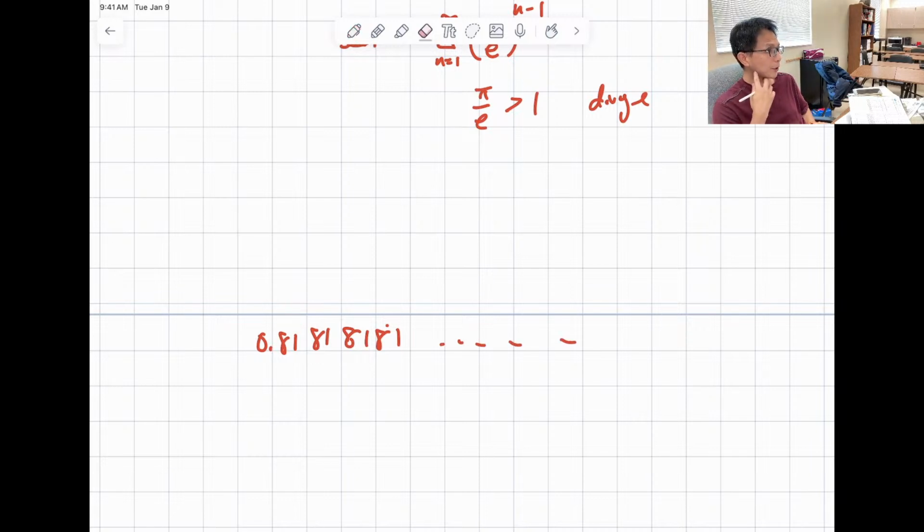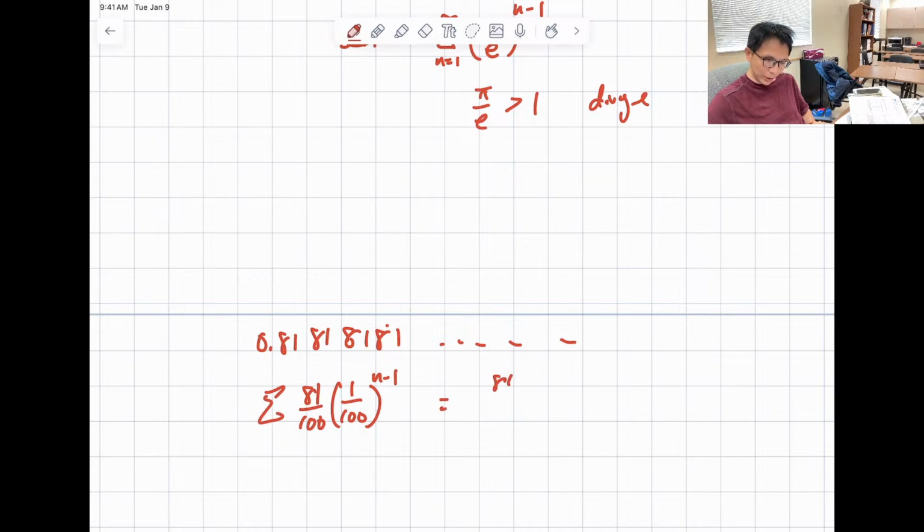What will be your first term? 81 over 100. What will be the common ratio? 1 over 100, to the n minus 1. Then you can do the summation: 81 over 100 divided by 1 minus 1 over 100. Whatever fraction results represents exactly this decimal.